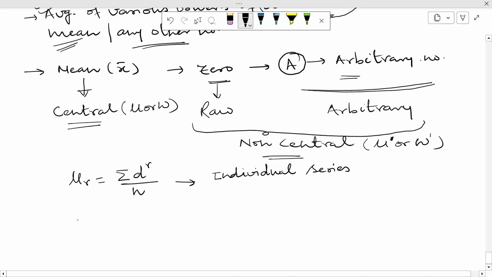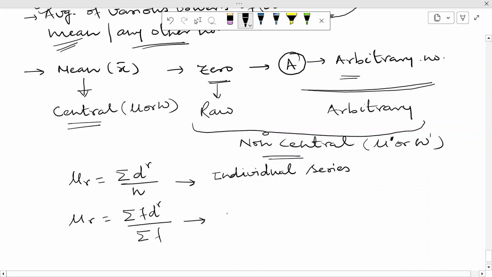Now if you are having some continuous data or some discrete data, you have to multiply each power of d by the corresponding frequency and divide this by summation f.